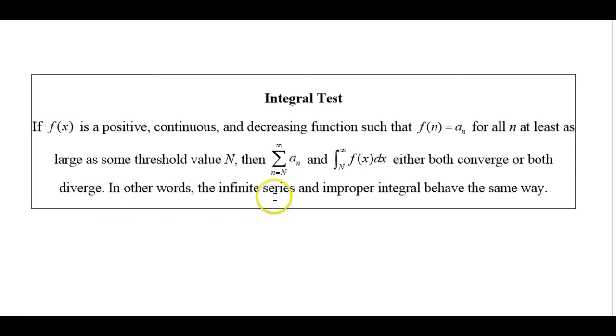So in other words, the infinite series and improper integral behave the same way, as long as they're both going from the same lower limit of integration, and here from the starting index of the summation.